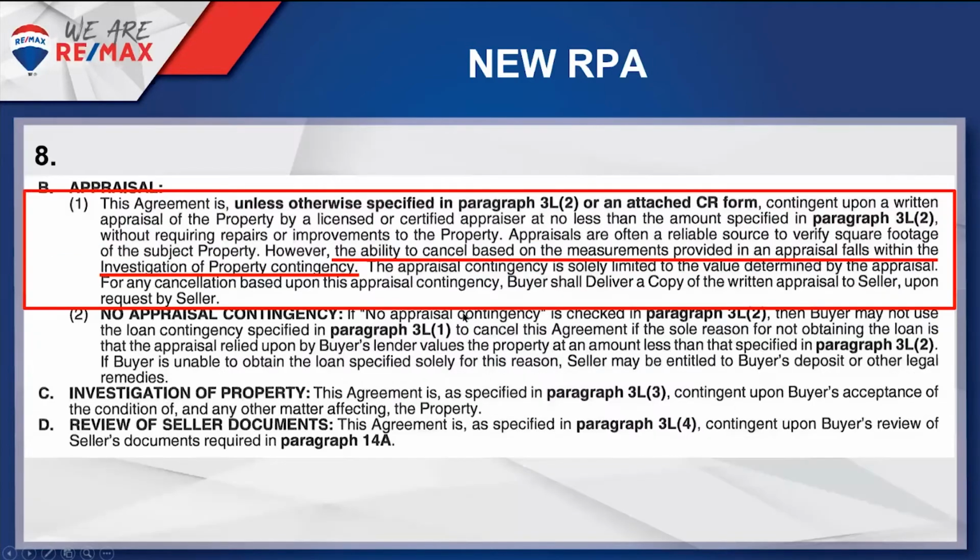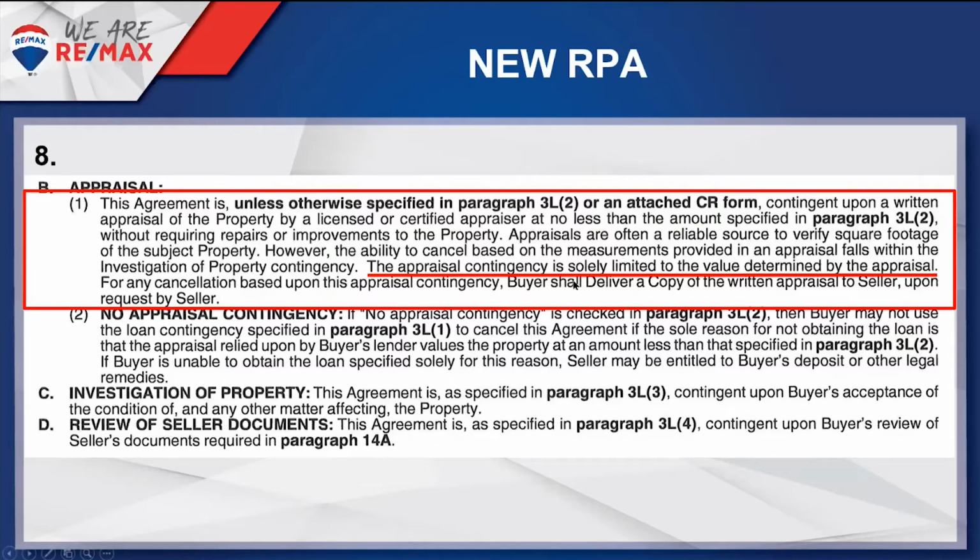Okay. The ability to cancel based on measurements in an appraisal is part of the investigation contingency. Again, the appraisal contingency is limited to the value of the property and is not to be used if the appraisal comes back and says, gee, the stove doesn't work, or the square footage is only 2,200 square foot, not 2,600 square foot.